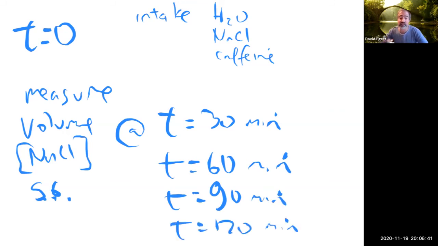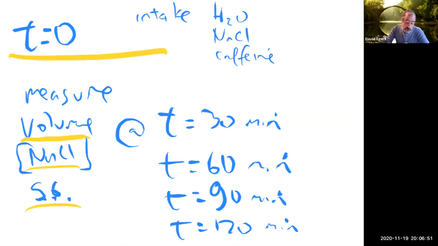So we'll be able to see over time how these dependent variables are affected by this initial intake of water, salt, and caffeine, and how the kidney responds over the next 2 hours to maintain homeostasis.